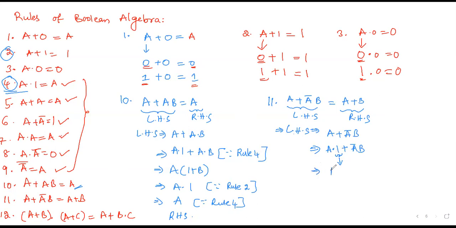So a into 1 plus b, a bar b. Then the next step, multiplying it: a plus ab, a into 1, a into b, a bar plus b, a bar b.